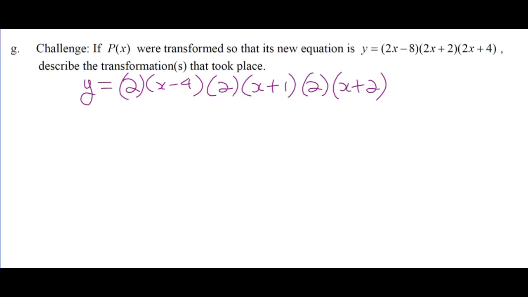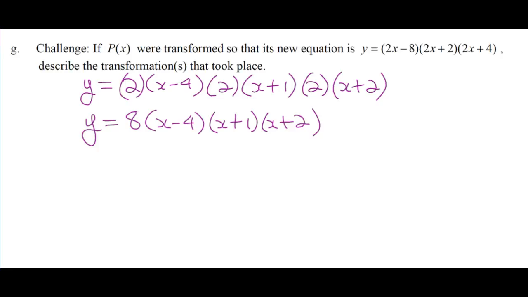Okay, so we factor out all of these guys, right? So that becomes an 8. So y equals 8, x minus 4, x plus 1, x plus 2. The transformation is, what is that? I mean, we could just say x minus 4, x plus 1, x plus 2.